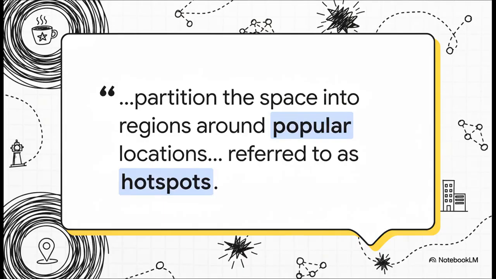This quote right here is the big aha moment. The researchers were inspired by a study about people's travel patterns. They realized you could map a city by building regions around popular locations or hotspots, like a coffee shop or a gym. GraphP applies this exact same idea to data. Find the most popular hubs in the network and build your partitions around them.